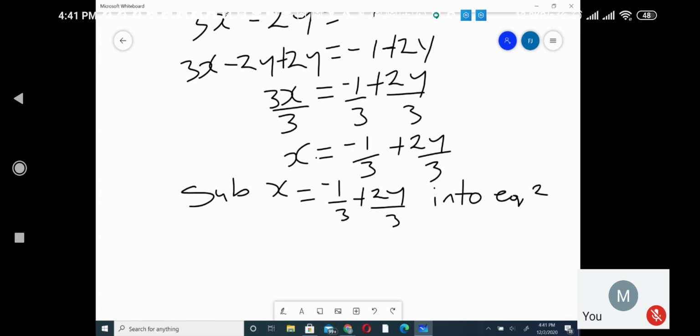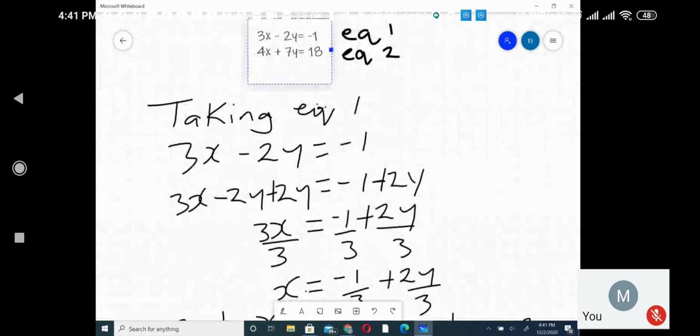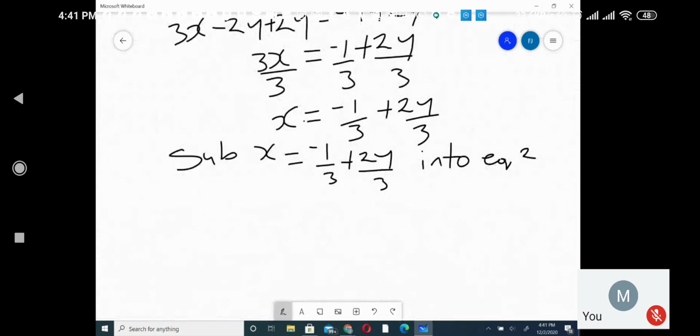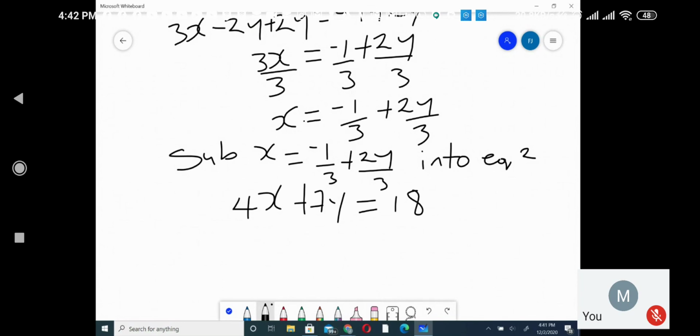Equation 2 we said was 4x plus 7y equals 18. And then wherever we see x, we will put in negative 1 over 3 plus 2y over 3.